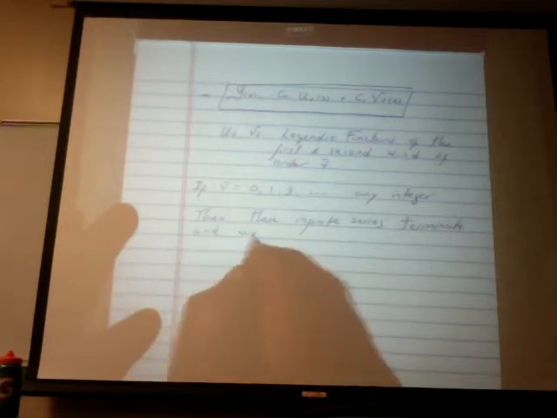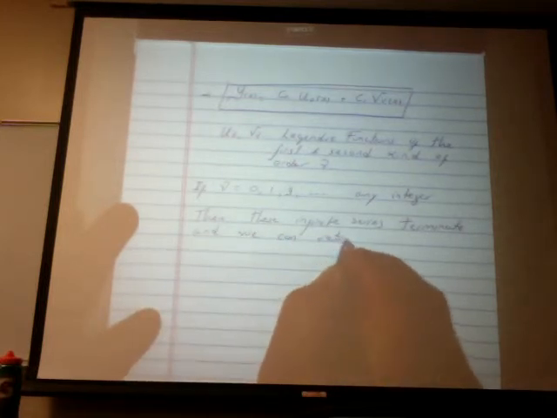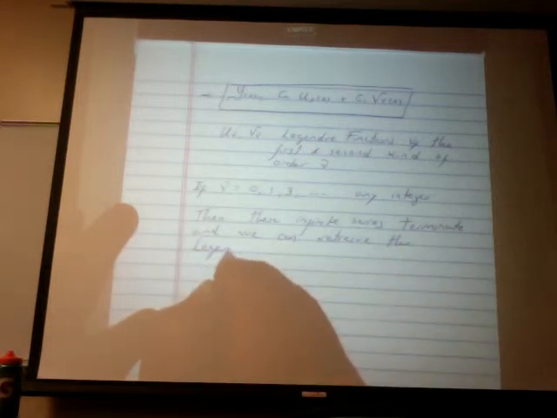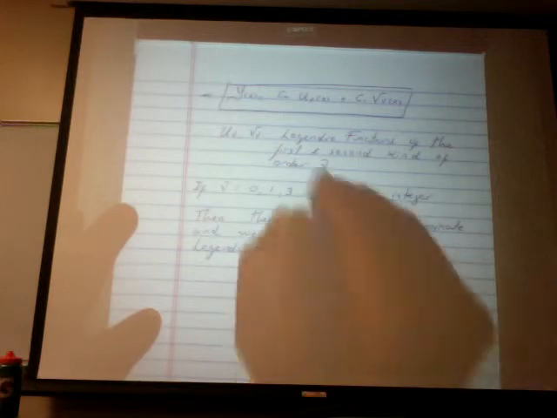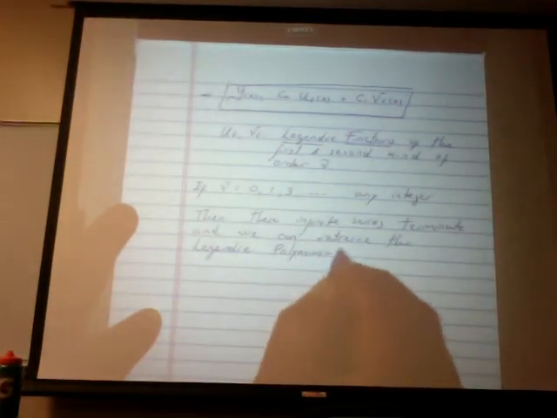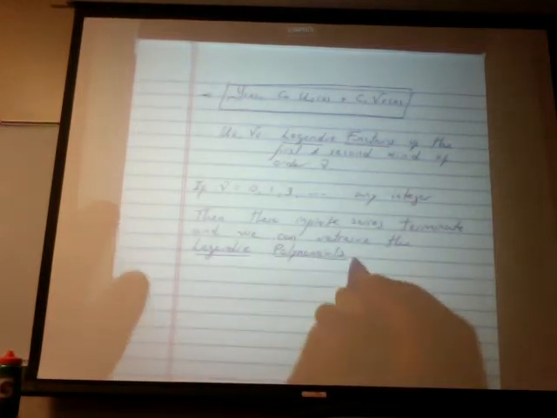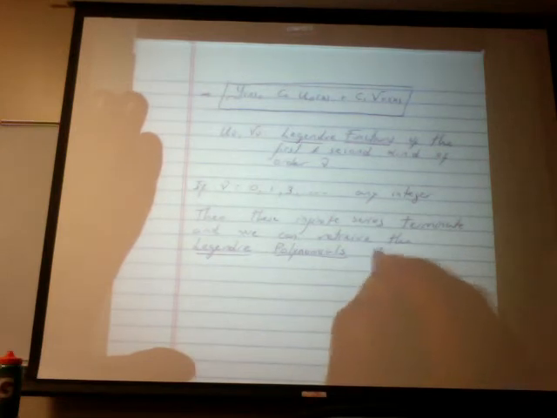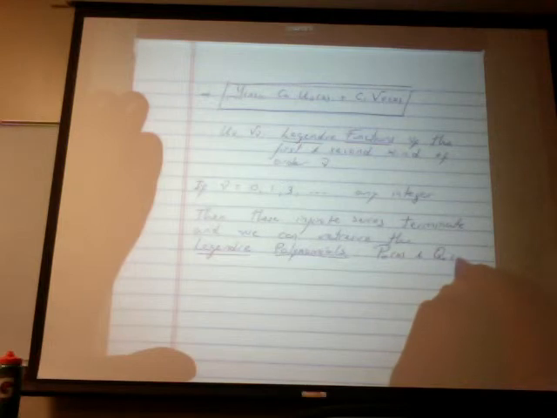And we can retrieve the so-called Legendre functions, and these are the Legendre polynomials, Pn of x and Qn of x, so that nu is equal to n.